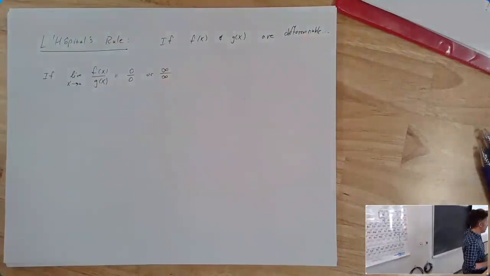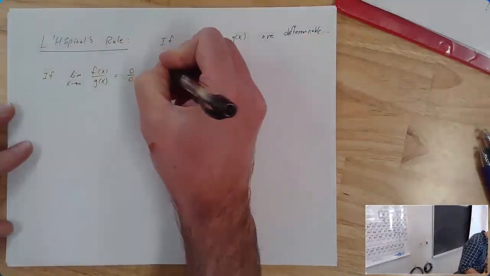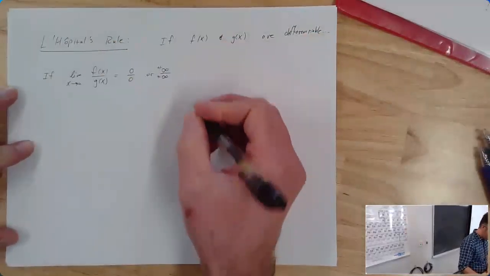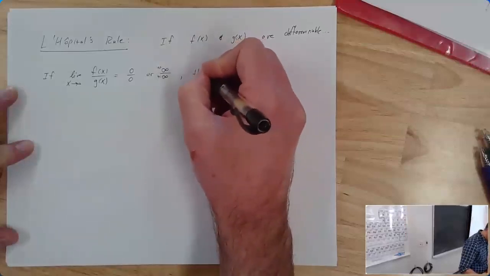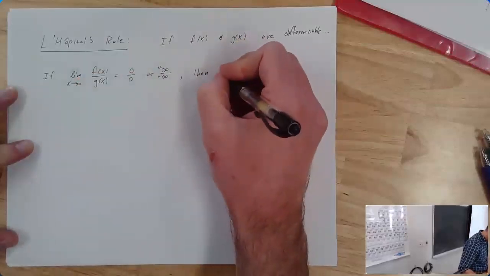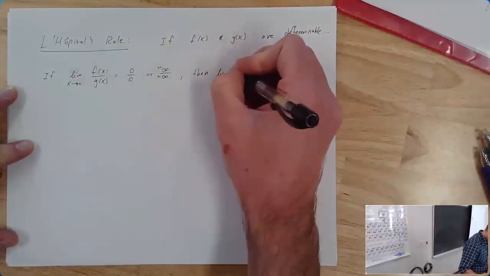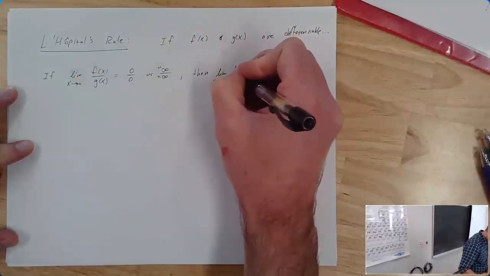It can be plus infinity on top, minus infinity on the bottom, minus plus, plus minus, doesn't matter what the signs are. Some sort of infinity, so it can be a plus or minus up here, plus or minus up here.